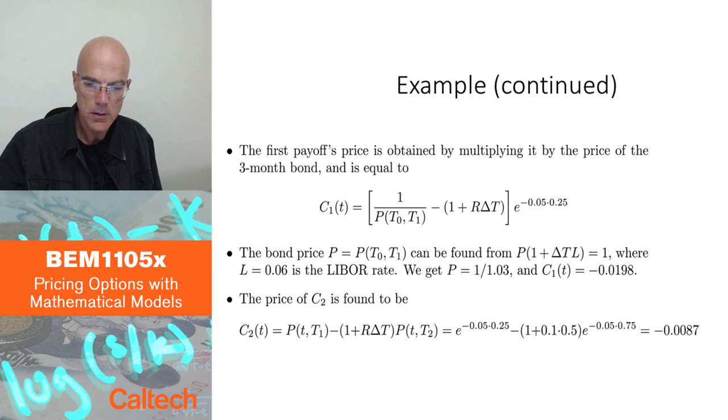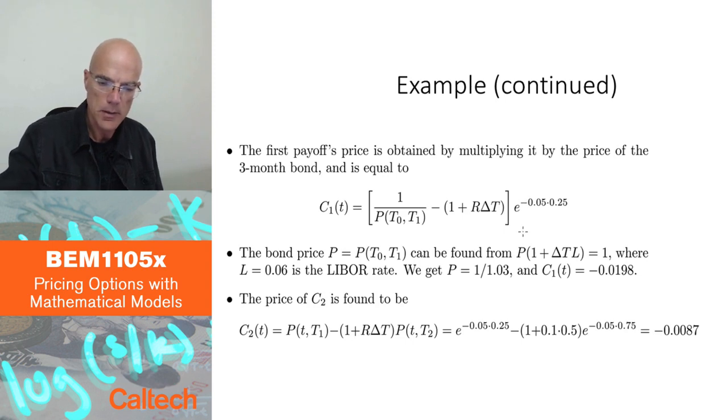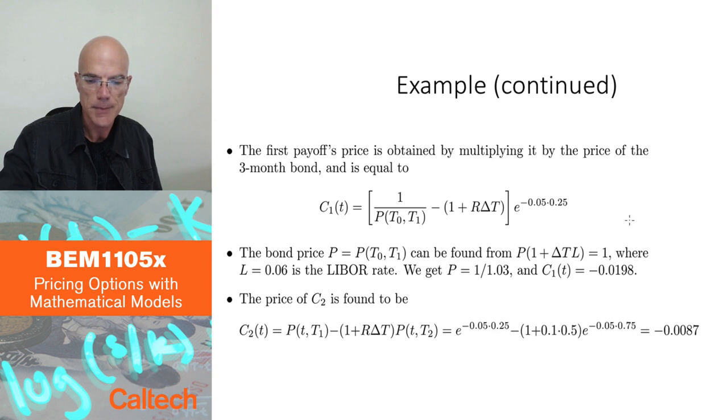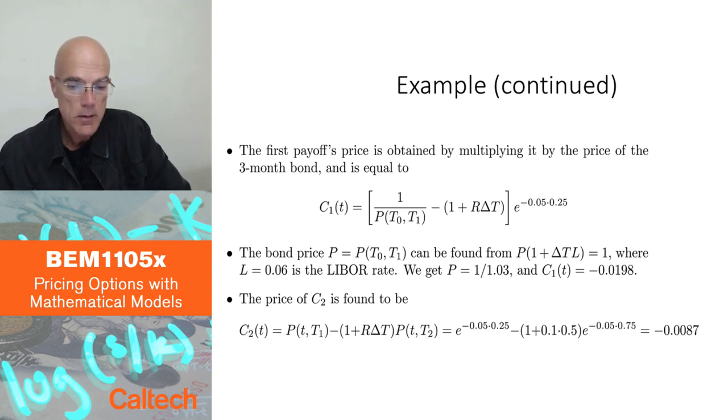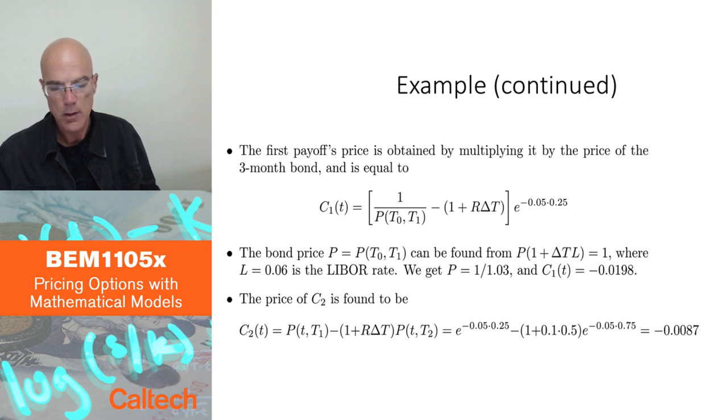So I just multiply: the bond price is e to the minus the rate times the time in years. 3 months is a quarter of a year, so 0.25. All right, so that was pricing that payment, which is known at the time we are looking at. So I just multiply by the price of the 3-month bond.